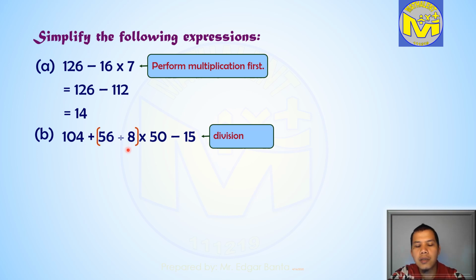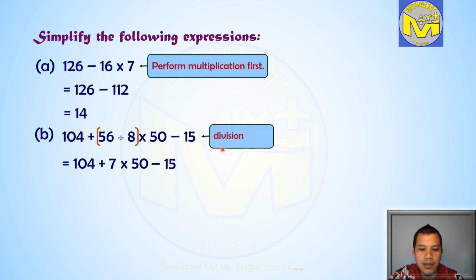Okay, so I just showed you. I put brackets so you can see. Okay, so 56 divided by 8 is equal to, wait, the rest you can just bring it down. Okay, 56 divided by 8 is 7, and then bring down times 50 minus 15.